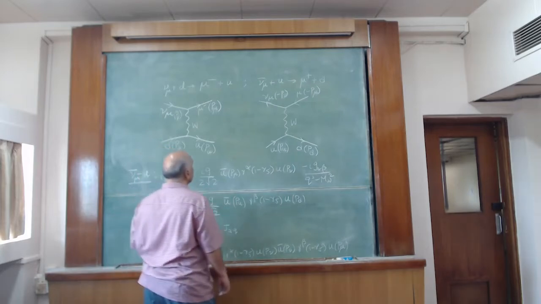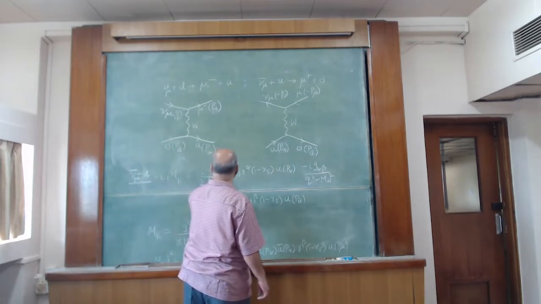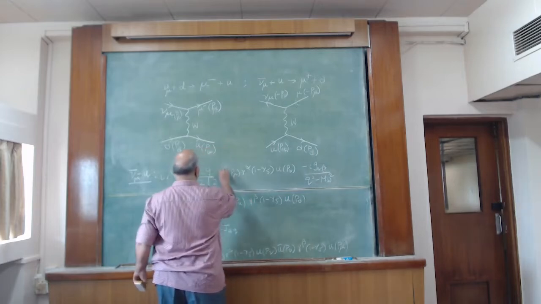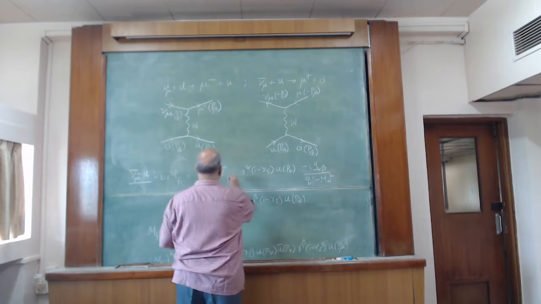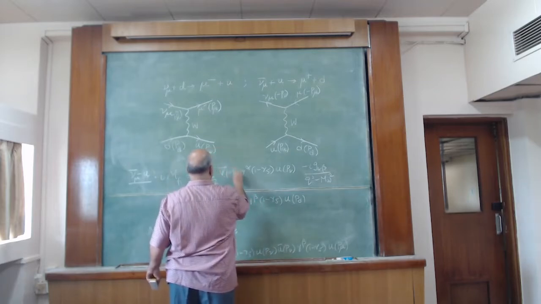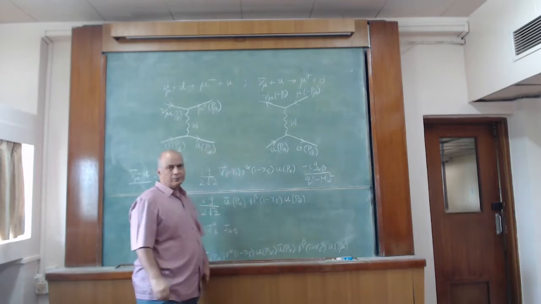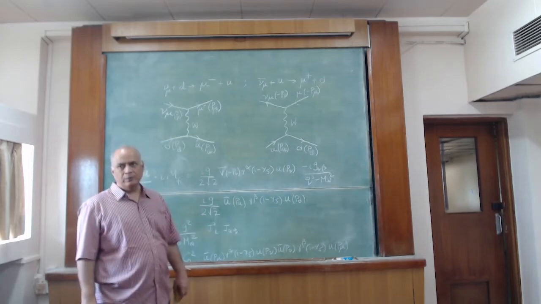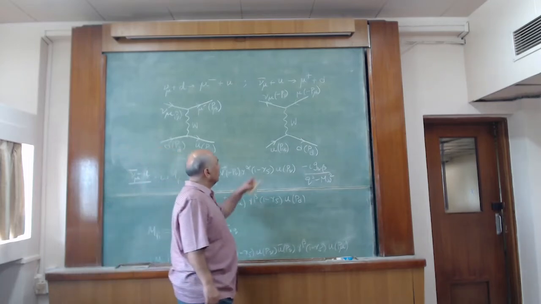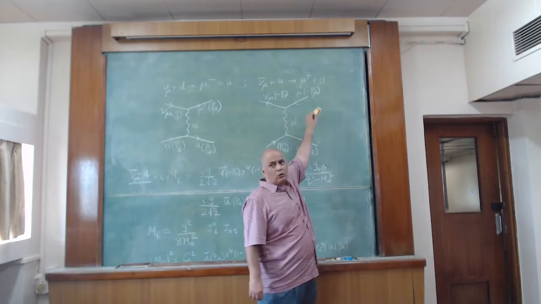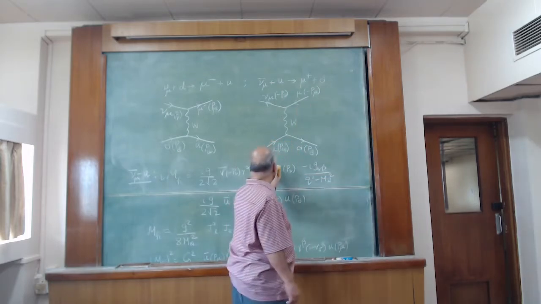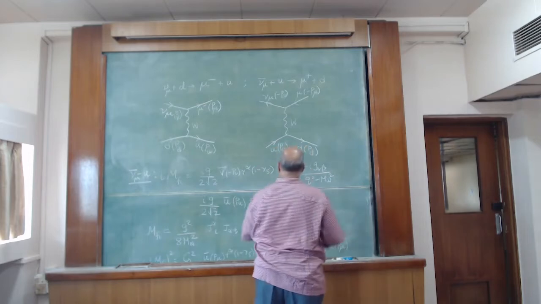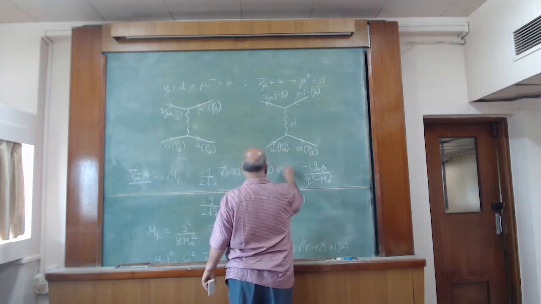So I have V bar of minus P. And this is actually an outgoing antiparticle mu plus, for which we write a V spinor.